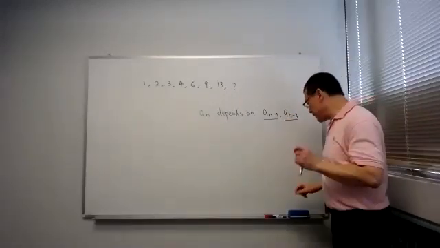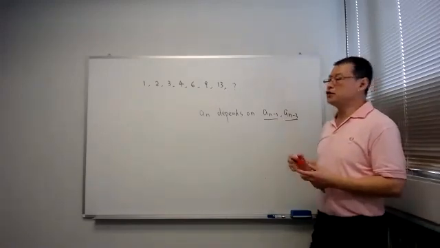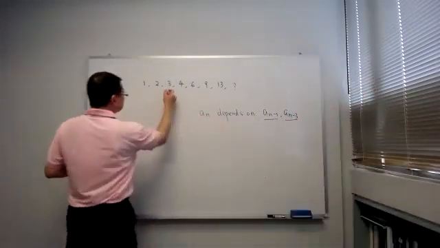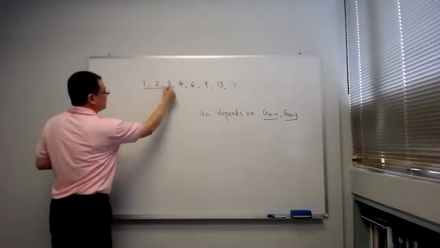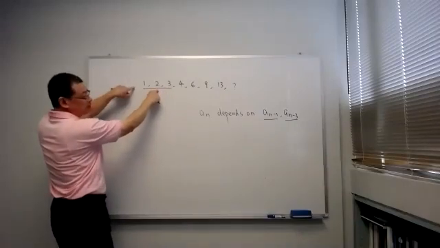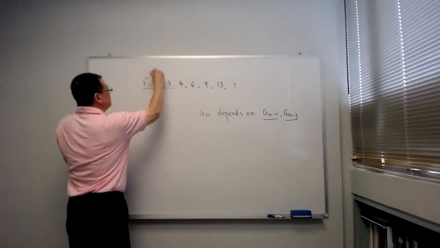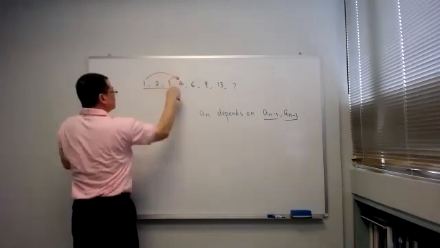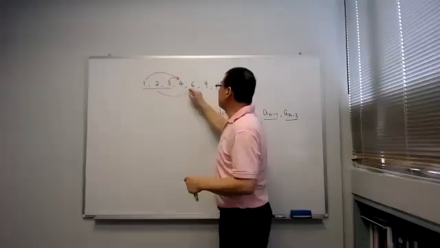Actually, in this case, it can be uniquely determined. So these are the initial conditions, because 3 would depend on this one and this one, but this number is not known. But for 4, we know these two give us 4. And 6, these two give us 6.